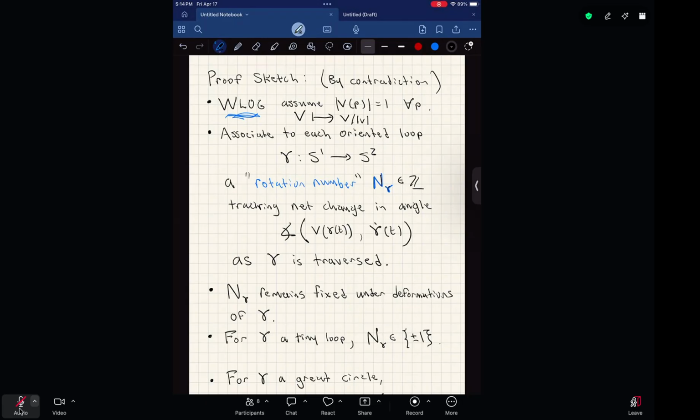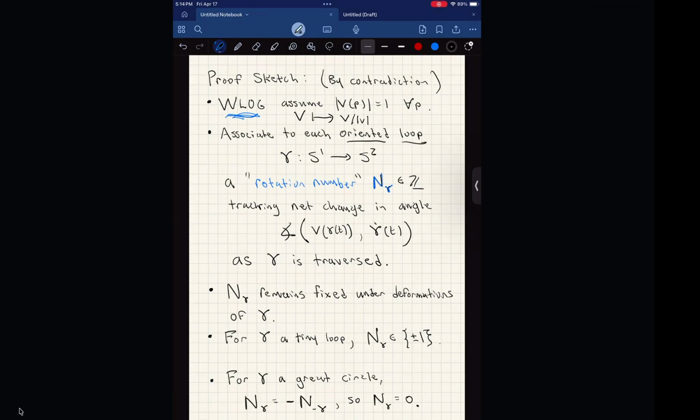And then the main step is that to each what I'll call oriented loop, or just loop, on the sphere, so on the sphere I imagine drawing a curve that has an orientation, I would like to associate what I'm going to call a rotation number. Here, the notation I'm using is n sub gamma, gamma being the loop. That's an integer.